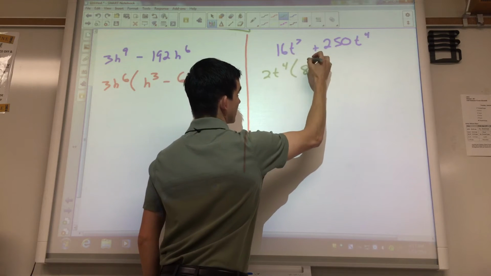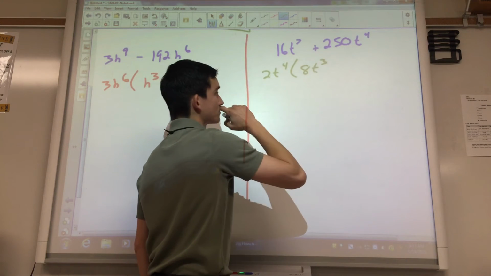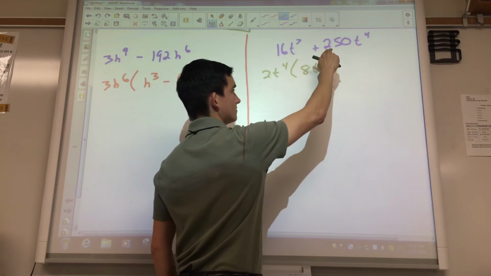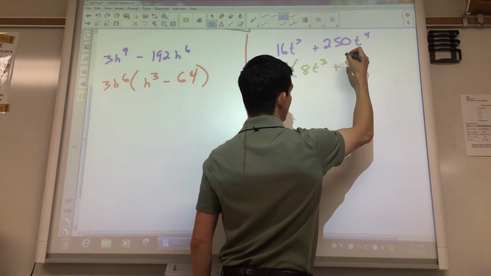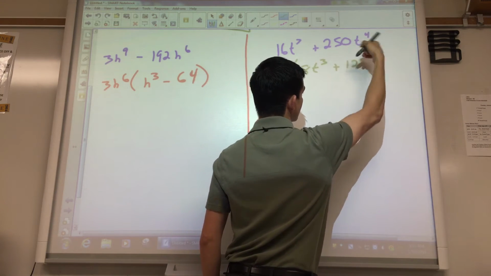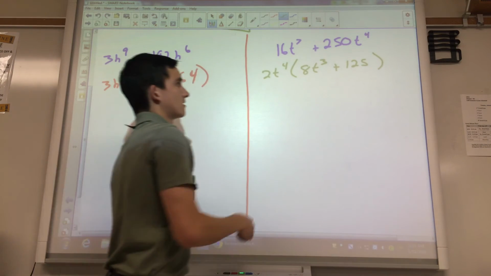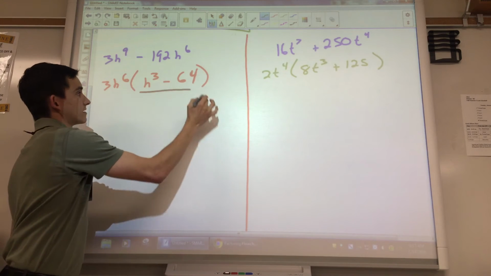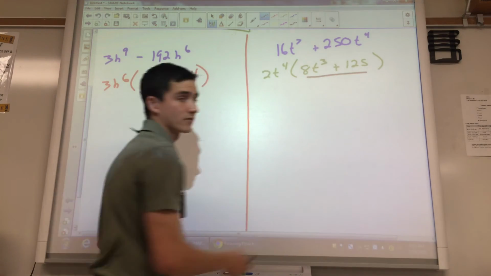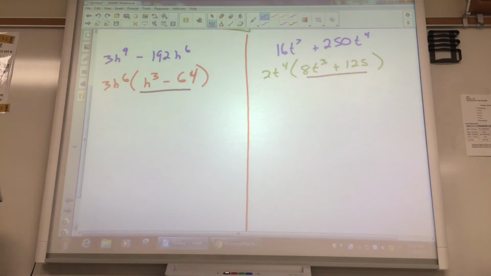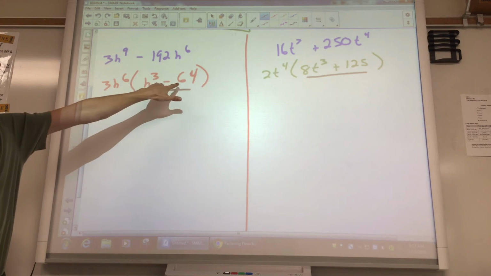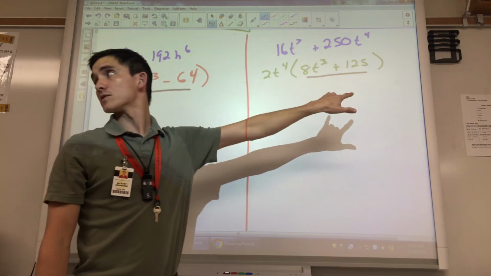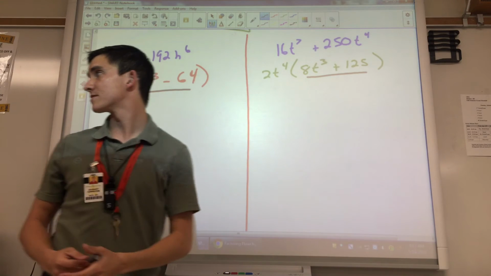So we're going to be left with 8t cubed, and then plus 250 divided by 2 is 125, and then t to the 4th is already pulled out. All right, so what are we left with here and here? Cube, right? So this is called the difference of cubes. This one's called the sum of cubes.